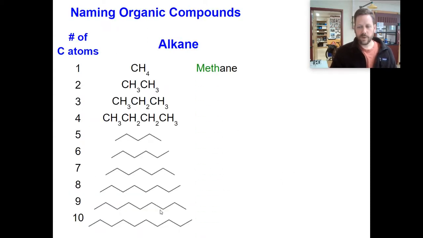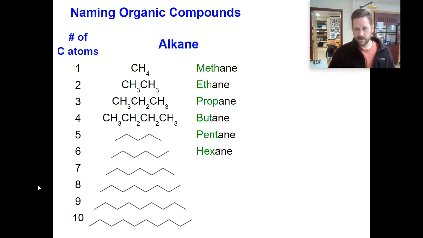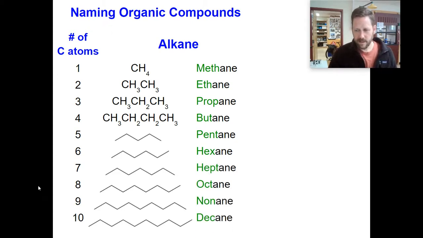So we'll just quickly review the prefixes that are used to name organic compounds. We don't need to memorize these prefixes, but it's not a bad idea to be familiar with them. So you can see the prefixes meth, eth, prop, and but are kind of unique to organic chemistry.